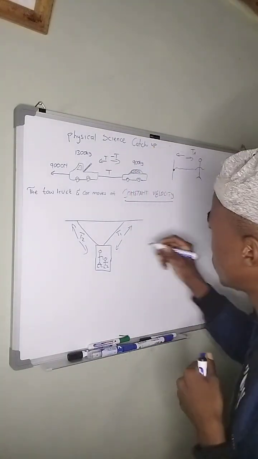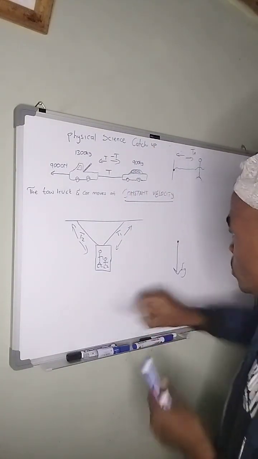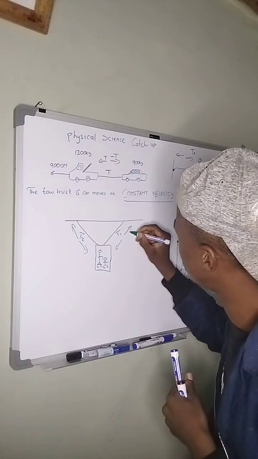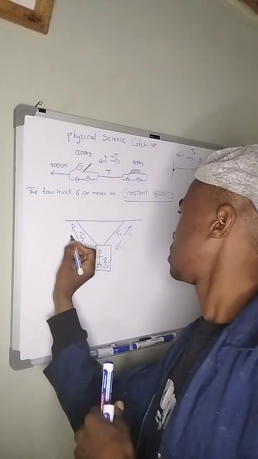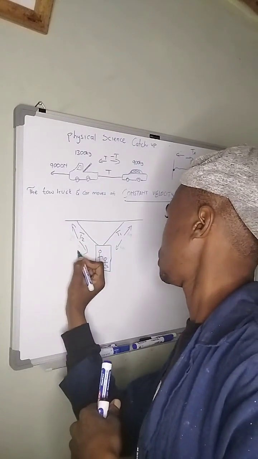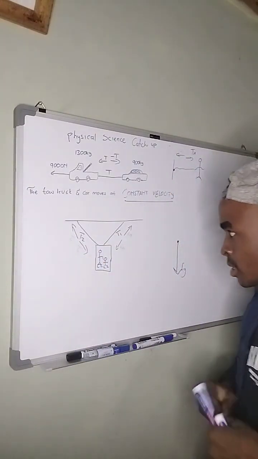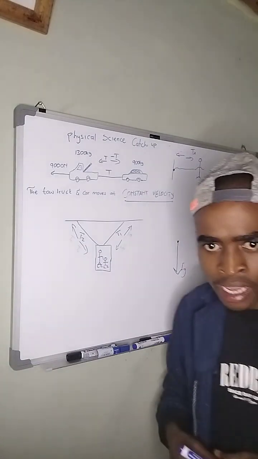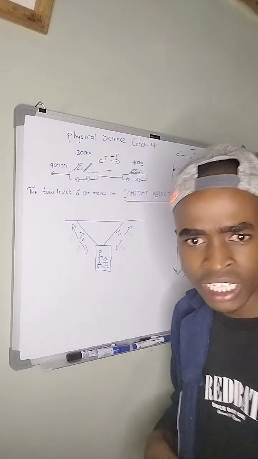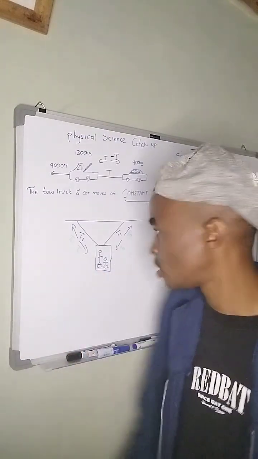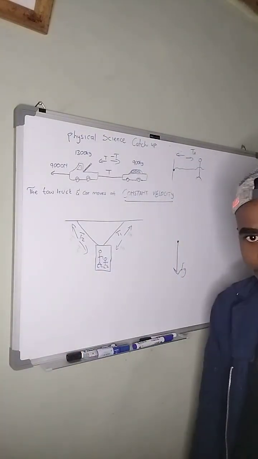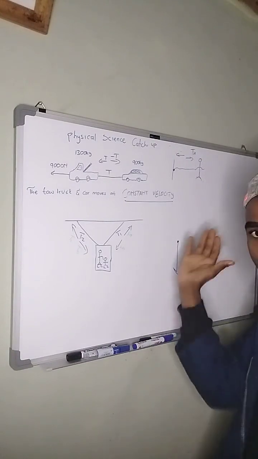Let me use a different color. This is going to be TA and TB and TC and TD. Between TA and TB, which force will resist this picture to go down? Because we already have to draw the T1.